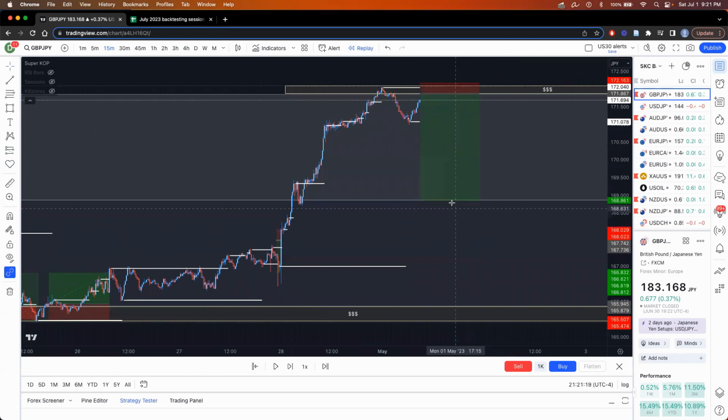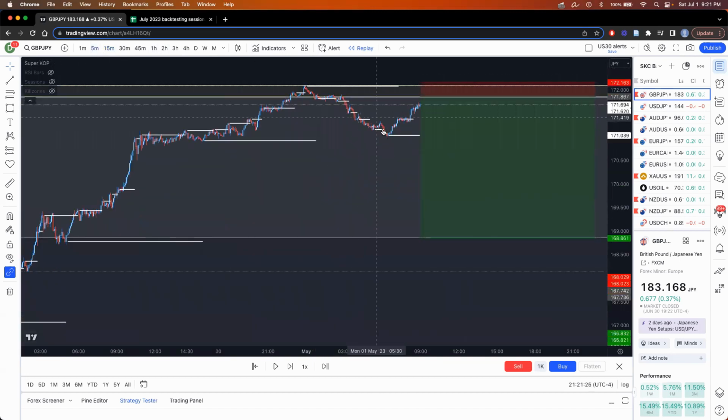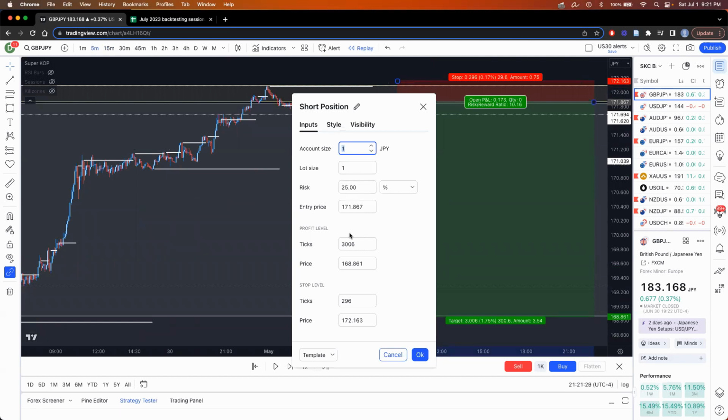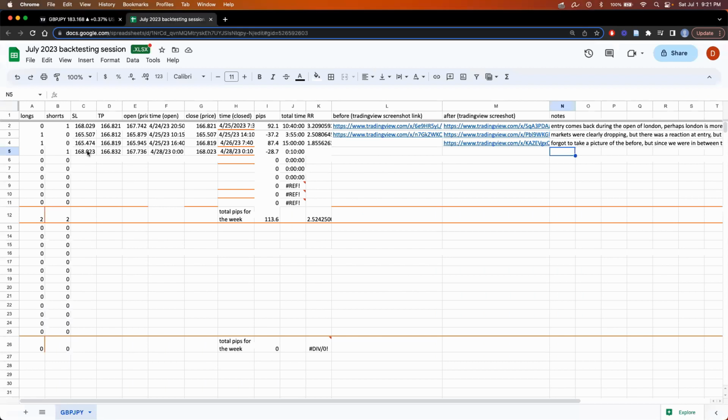This is kind of crazy. If this hits, this will be mad. So we'll zoom in. Let me get the info. Entry price should be here.